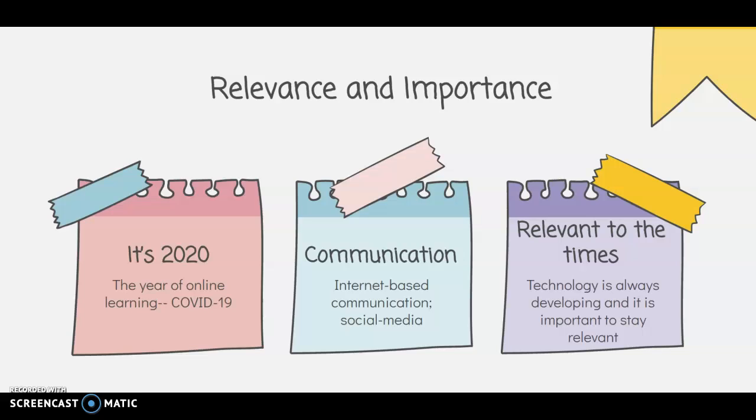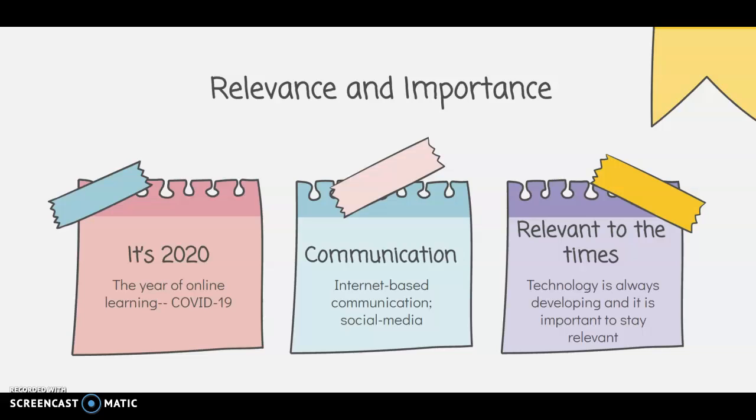Next is communication. There's internet-based communication, and this includes social media. A lot of communication is done through using internet and technology, including email, text message, and all this kind of stuff. So it's really important that we talk about it and we understand what it is.